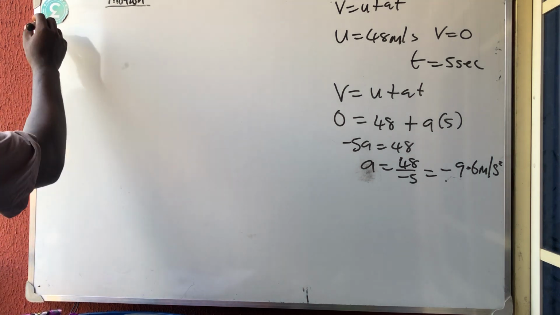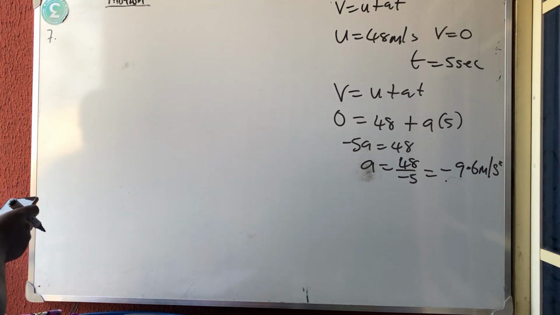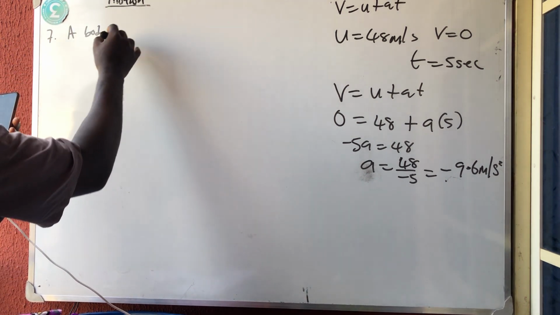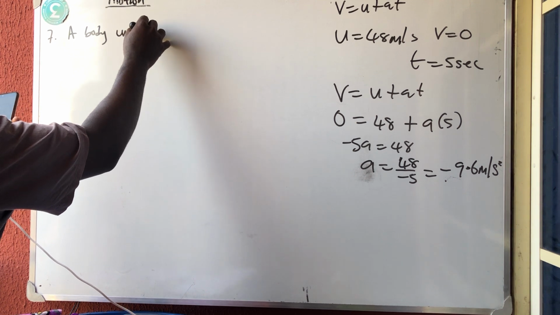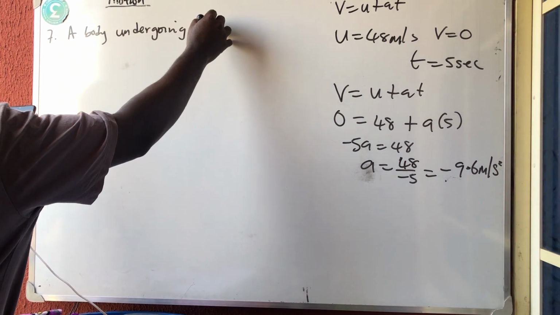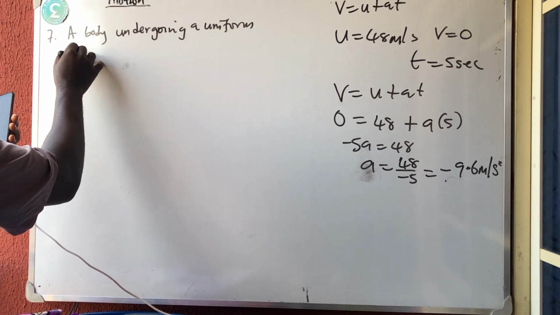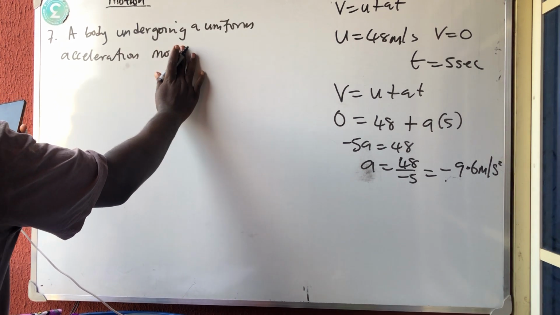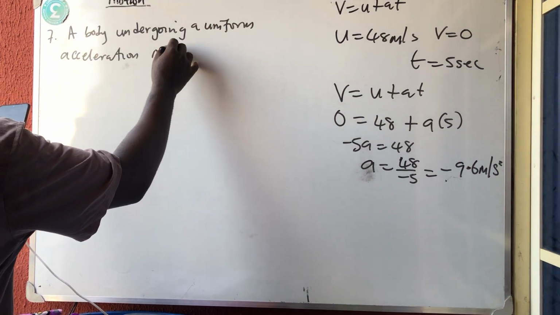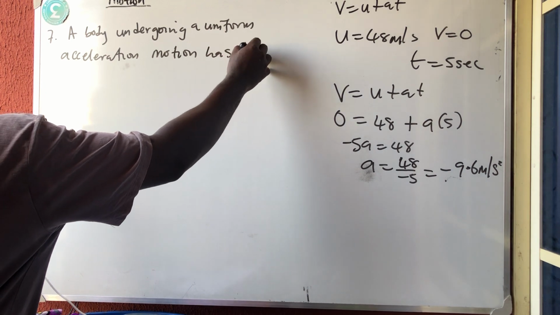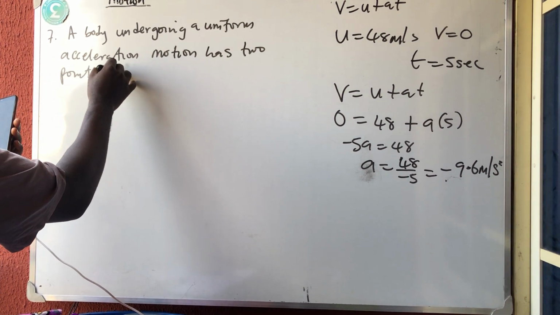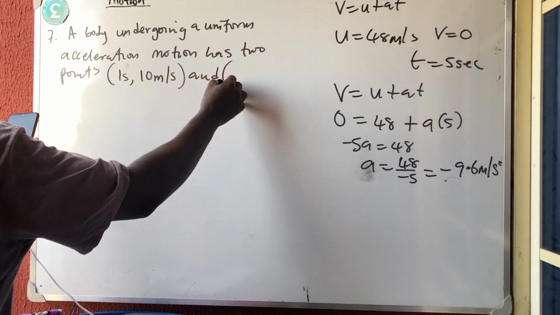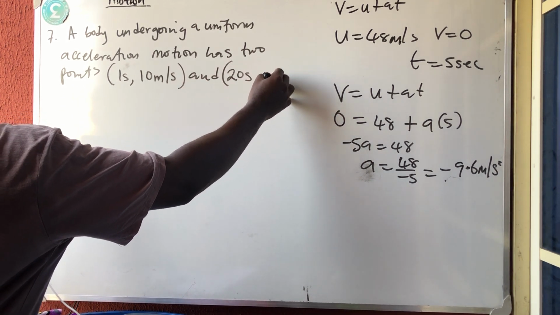Let me just solve 10 questions. Number 7: a body undergoing a uniform acceleration motion has 2 points: 1 second, 10 meter per second, and 20 second, 48 meter per second.